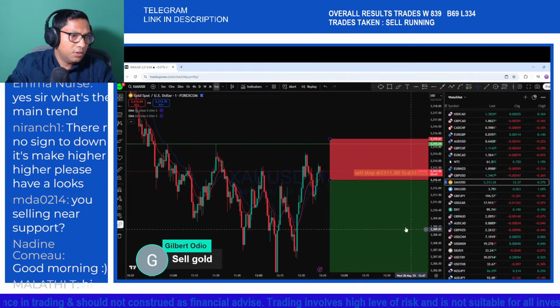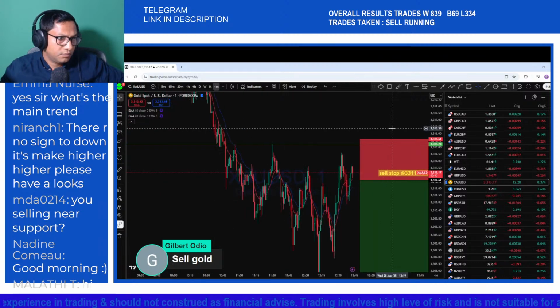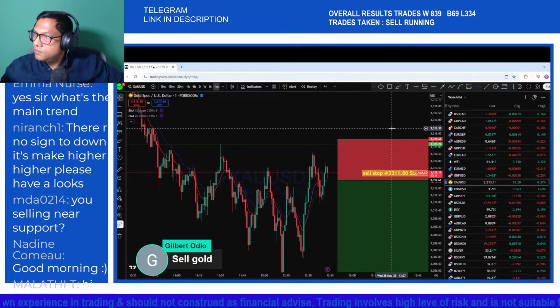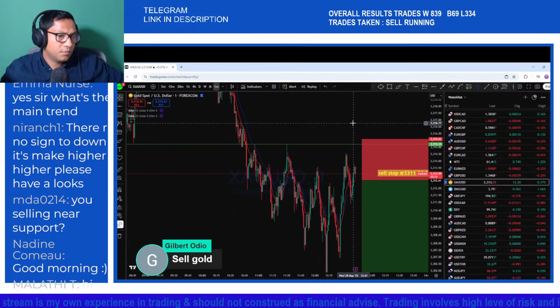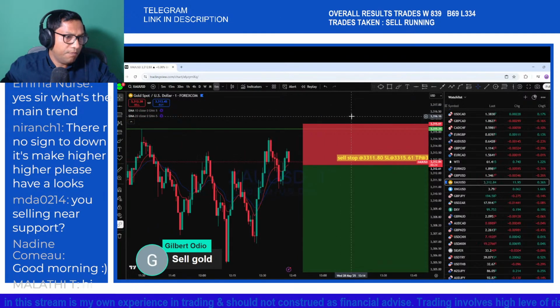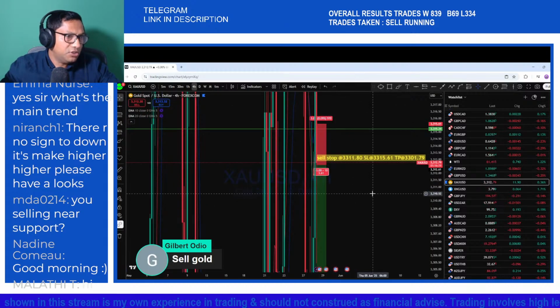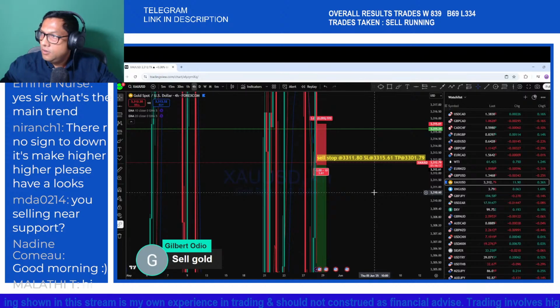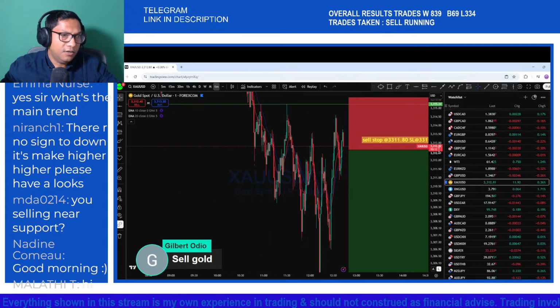Now as we can see, this is the 4-hour candle which is bearish, and I think the potential for a bearish move is higher.